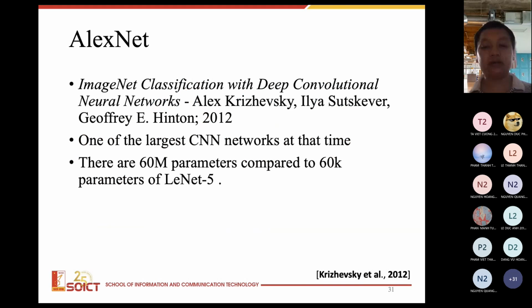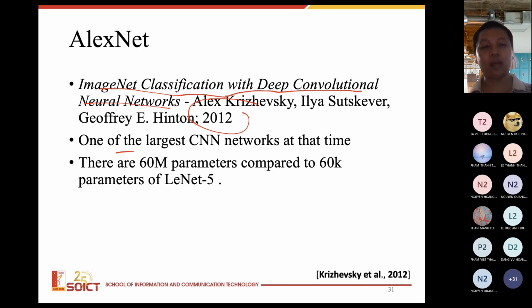In 2012, you have a CNN that won the ImageNet challenge, right? It was introduced in the paper "ImageNet Classification with Deep Convolutional Neural Networks."